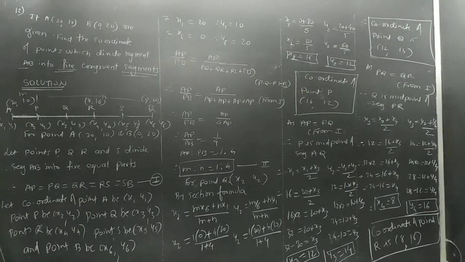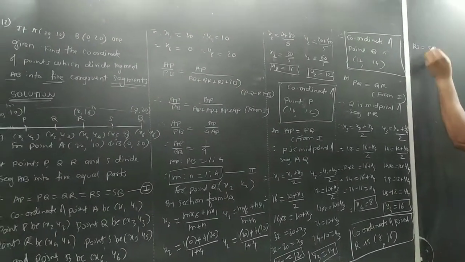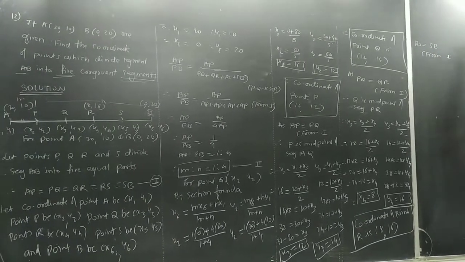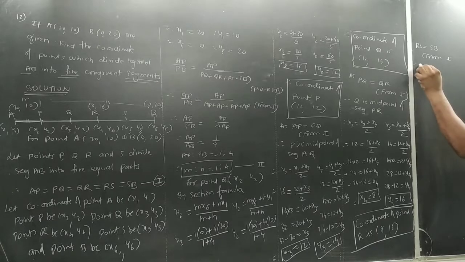So what are you going to write? We are going to write RS is equal to SB. So S is the midpoint of segment RB.